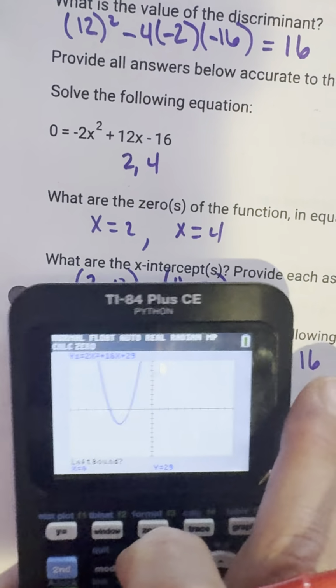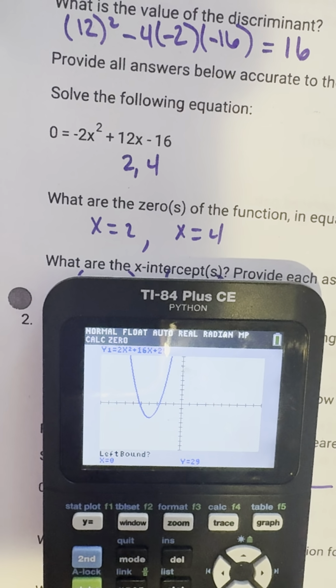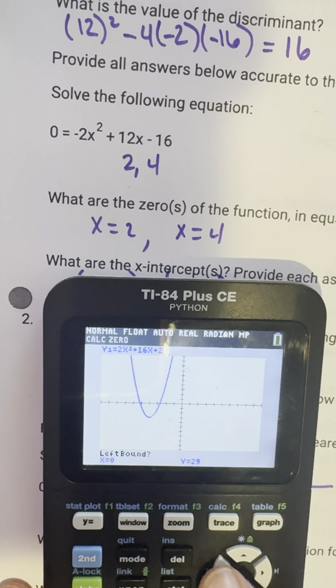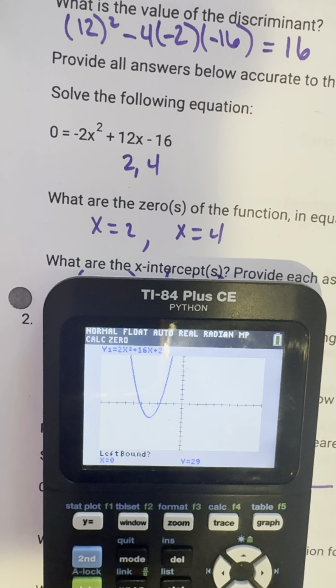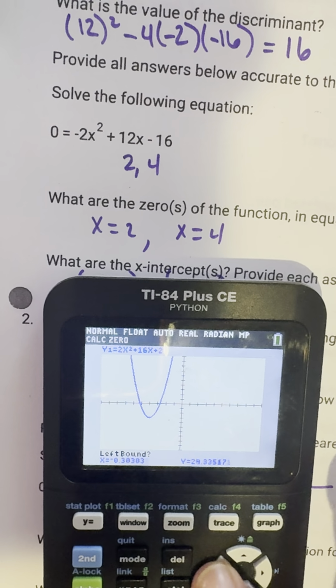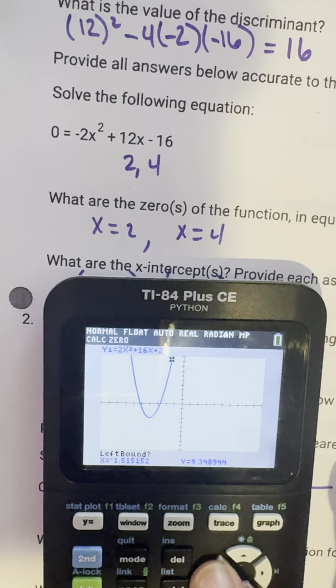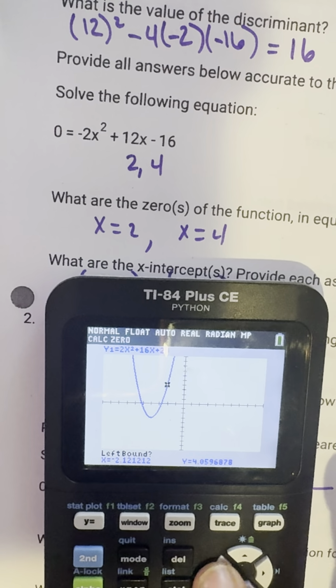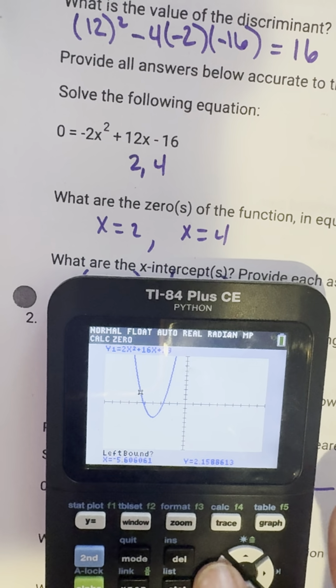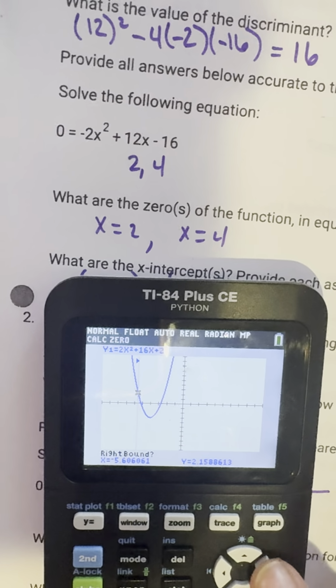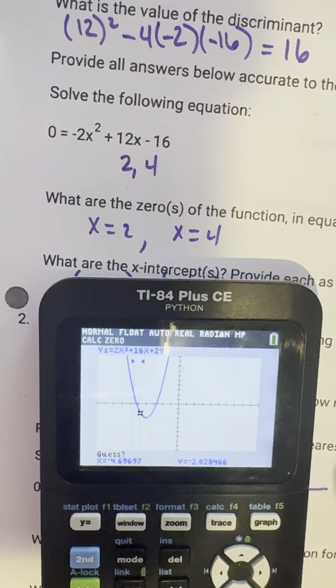So now let's go to our calculator, and to the left, you can look and see where you're at. It tells you I'm at 0 and 29, so I'm very high. So I need to go to the left until I see my turtle. So I'm going to do my left point first and press enter, and then go anywhere below, press enter, and then enter one more time after guess.